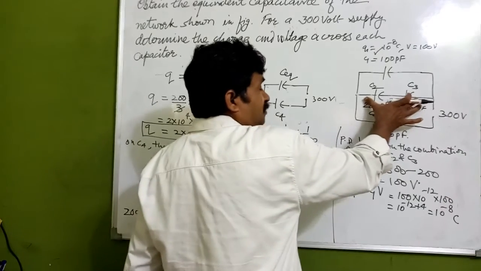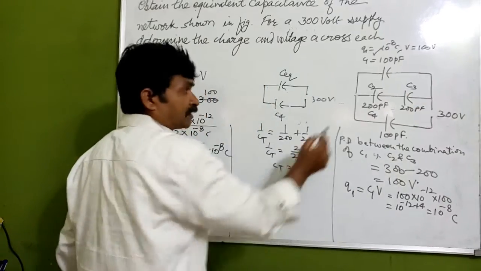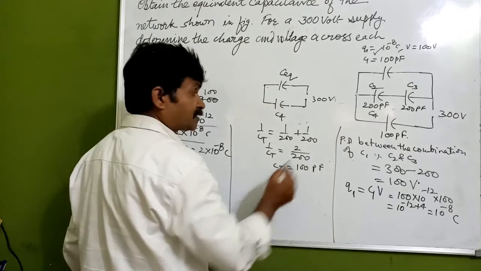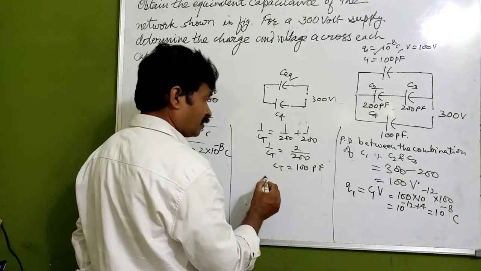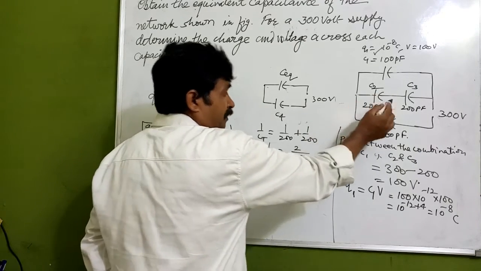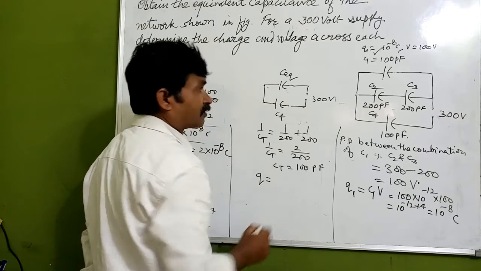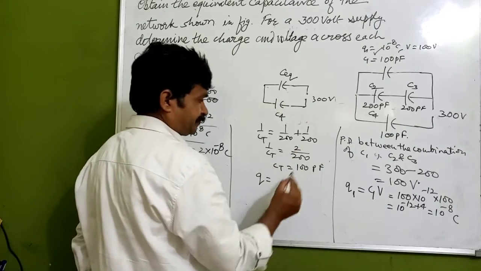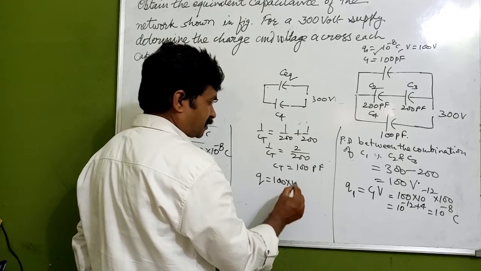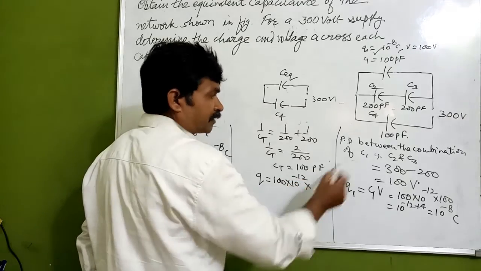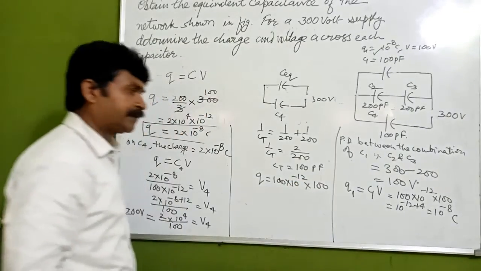So the total capacitance over here is this much and the electric potential applied here is 100 volt. So we can determine the Q, and that is 100 picofarad means 10 raised to the power minus 12 and the electric potential is 100.